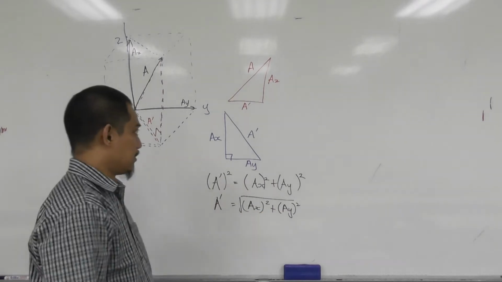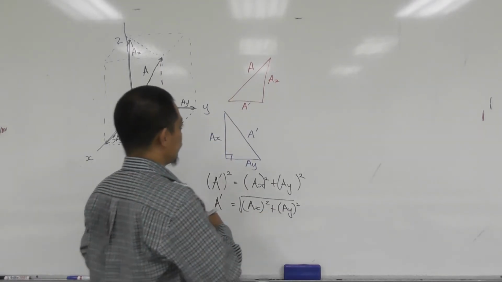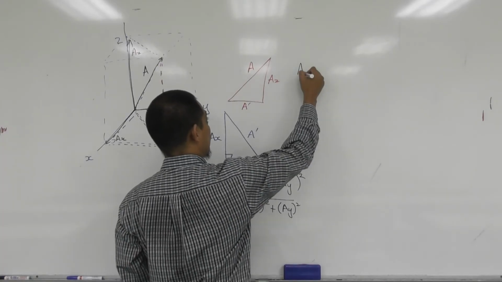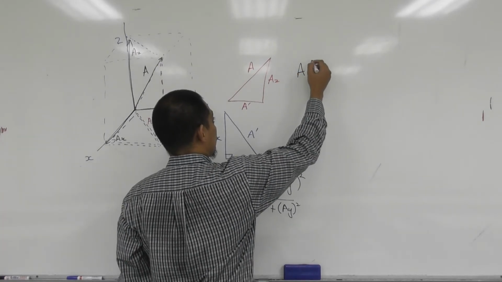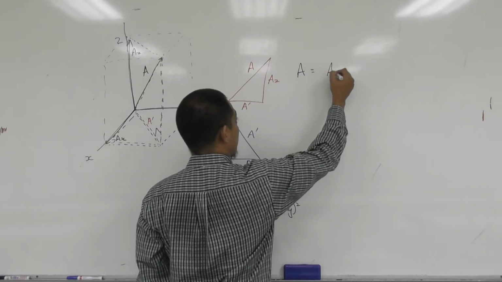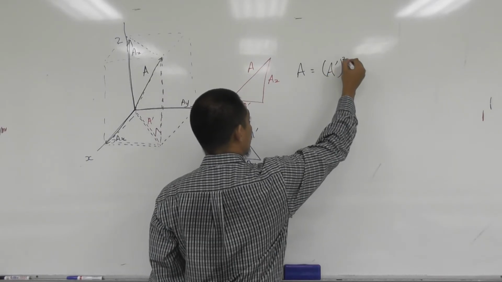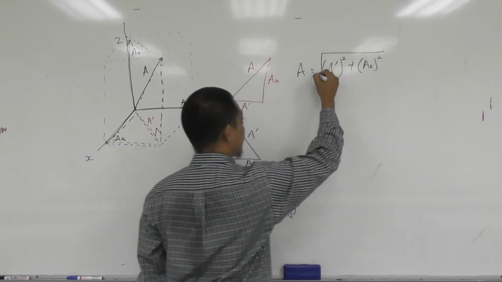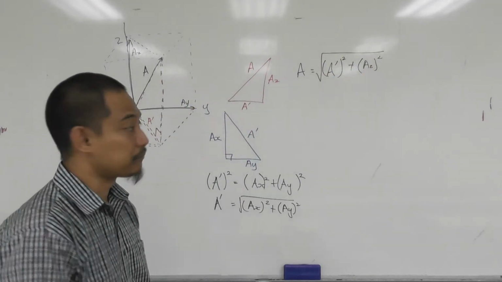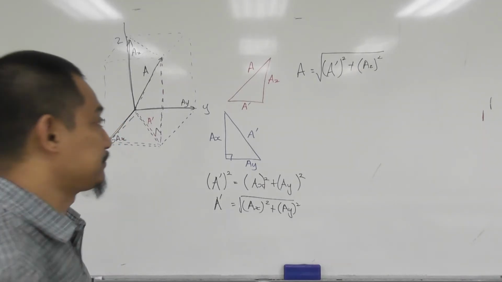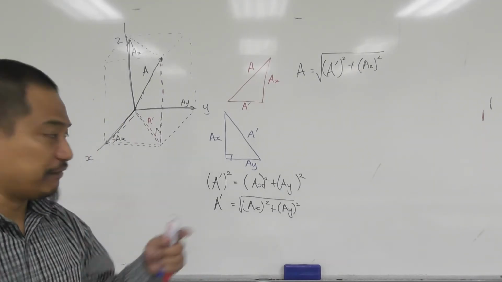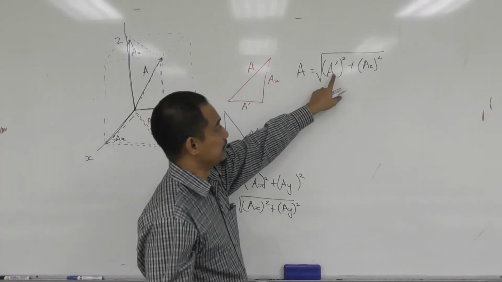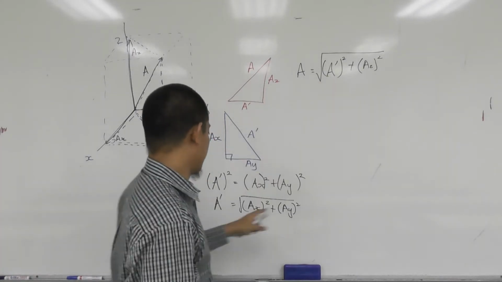What about this one? The same principle applies. So we'll have here A is A prime squared plus AZ squared, and then you have the square root, right? Is it in the frame? Yes. Now, if you have established this one, and you also know this one, because A prime here is the same as A prime here, right?